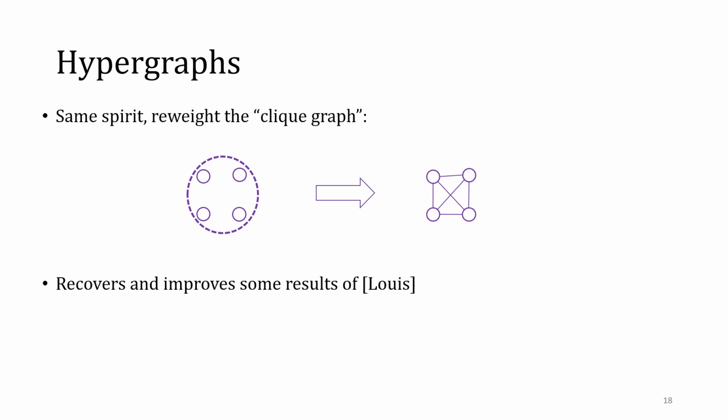Then we consider reweighting the clique graph, and we use the conductance of the reweighting to certify conductance of the hypergraph. By this idea, we managed to recover and improve some results of Lau and his co-authors.